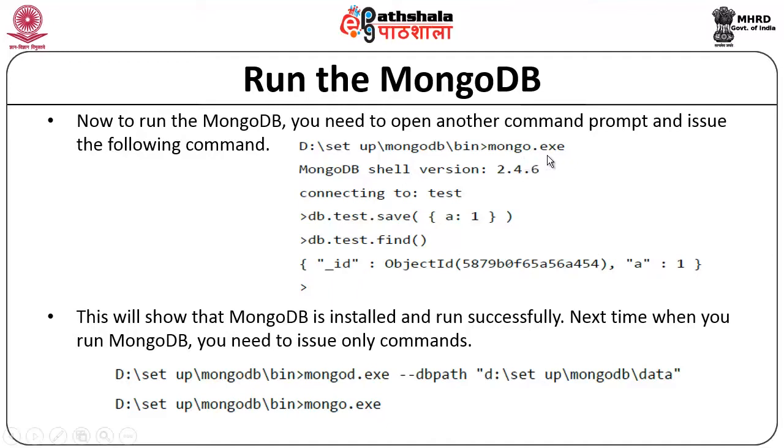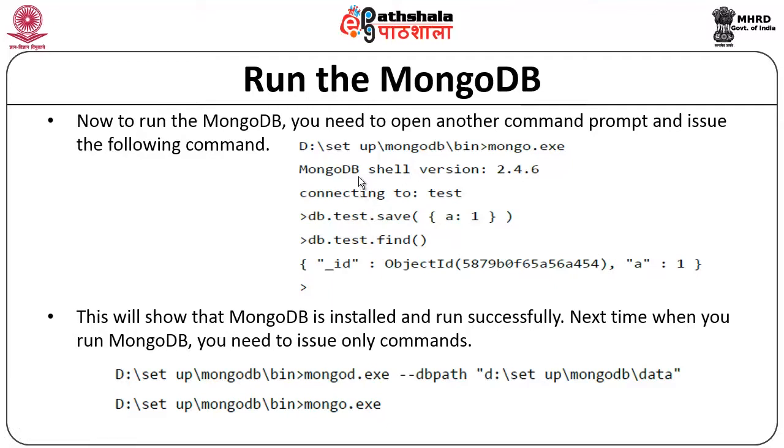If you type mongo.exe, MongoDB will run and display what version of MongoDB is running, whether it is successful or not. This shows whether the MongoDB version that you have taken has been installed correctly and is running properly.